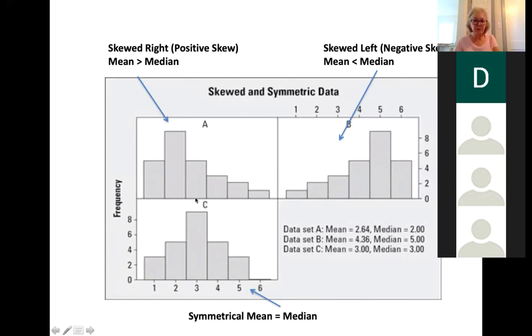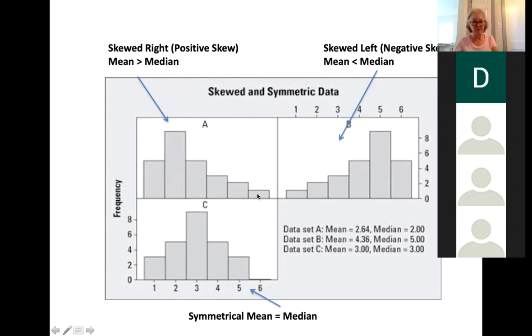In other words, if this was a piece of paper and you put a line down the middle here and you were to fold it, the left-hand side would plop right on top of the right-hand side. The left side looks like the right-hand side. Data sets that are not symmetrical would have a graph possibly looking like this, where if you were to put a line down here right through the mode and fold, would the left side plop on top of the right?